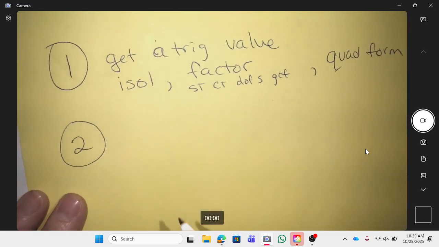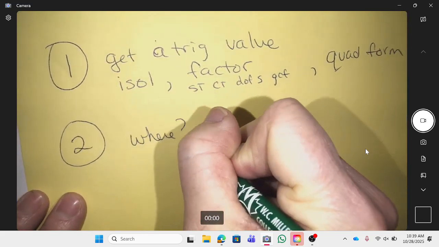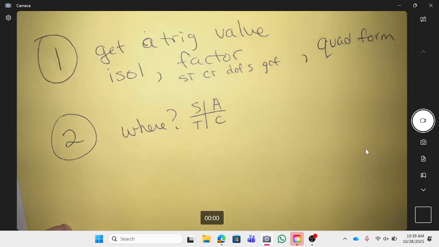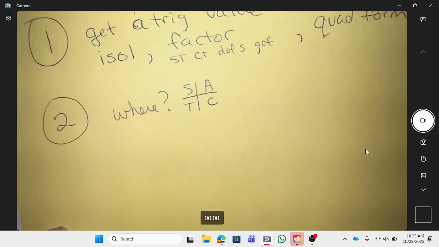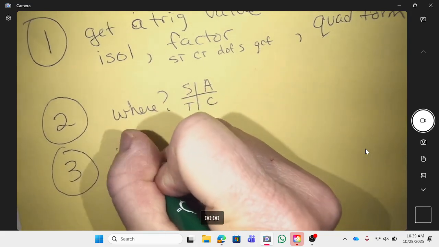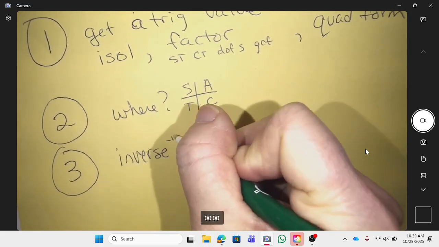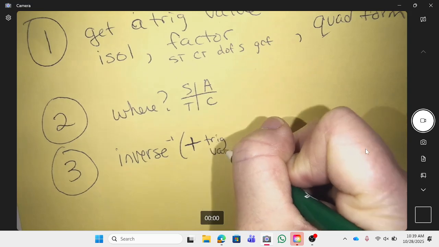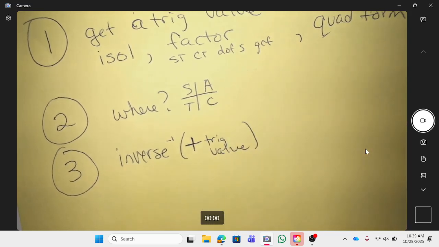Number 2, where. Okay, you figure out where. What did we do third? We inverse the trig value.